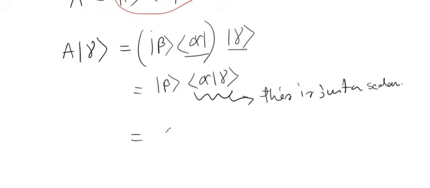And what you can do is place it in front of the beta, and that is it. This will prove very advantageous when you manipulate operators in the bracket notation.